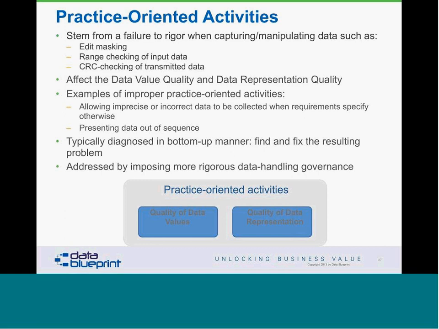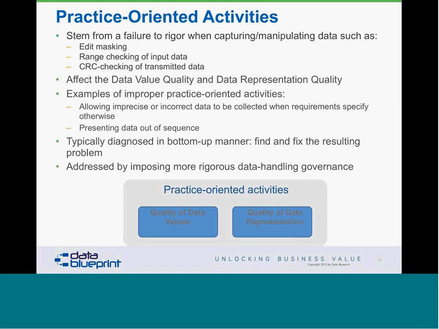So our practice-oriented causes here, these are failures to capture and manipulate data. It may be something like edit masking, range checking, CRC checking of transmitted data. Again, if you're not familiar with these, we can certainly come back to them at the Q&A session. But they affect also data value quality and data representation quality.